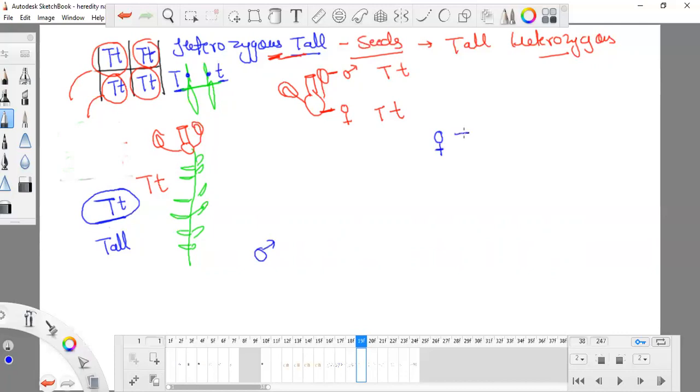Each has the information TT, but as they are going to produce gametes, both of them have to reduce the number of chromosomes, then they can form pollen and egg perfectly.